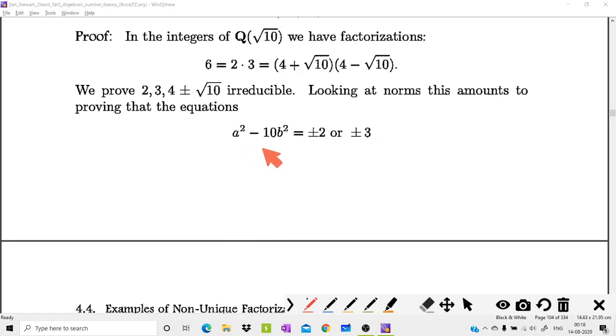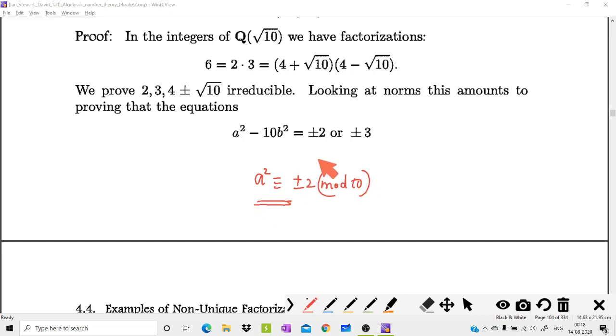Therefore, here we give a sketch of the proof of this theorem. In order to get a and b in such a way that a square minus 10 b square is equal to plus or minus 2, we need to solve a square congruent to plus or minus 2 mod 10. In fact, we will prove that there is no solution for this.